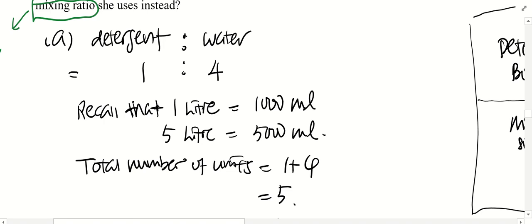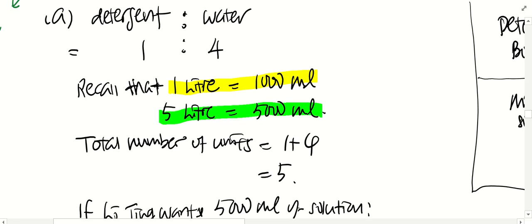If you recall, 1 liter is 1000 milliliters. She wants to make 5 liters of solution. That means in total, she should have 5,000 milliliters of detergent and water combined together. So how many units is that?